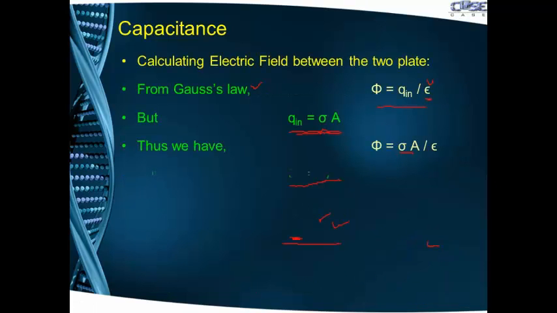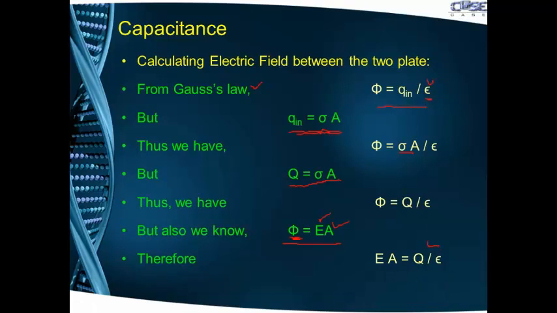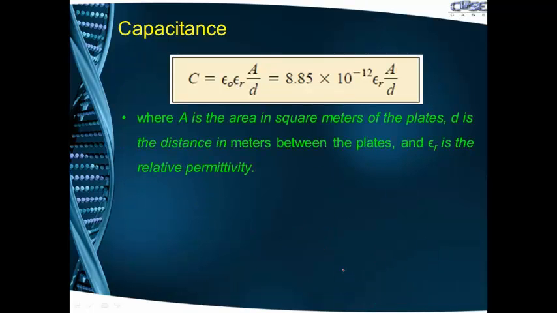So this is the relationship, and the value of epsilon naught is given, and this is epsilon r.